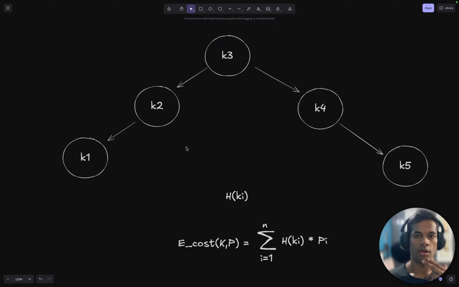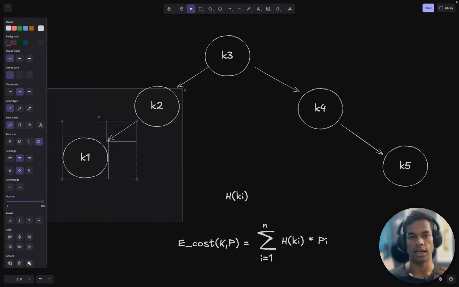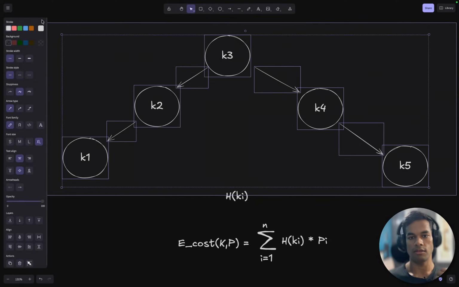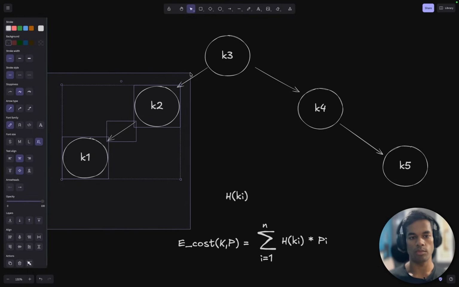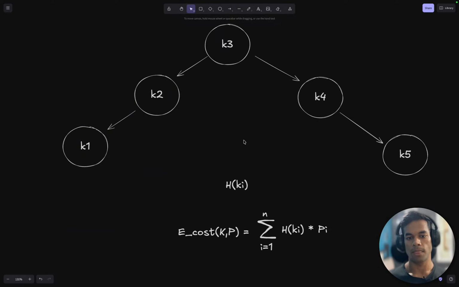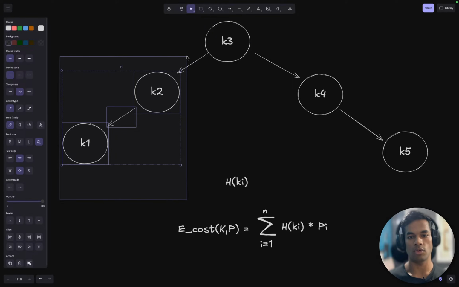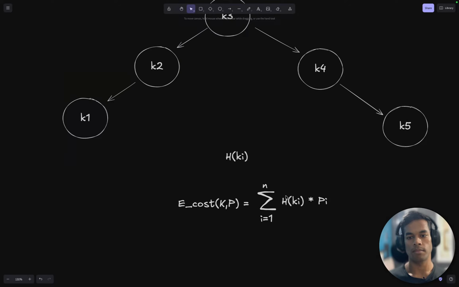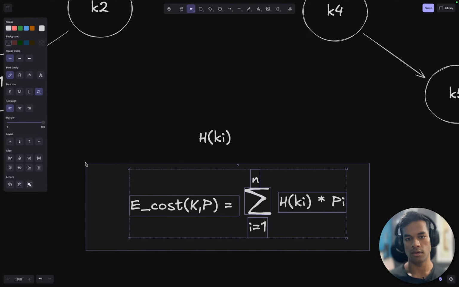So when we are considering this subtree, this one with K1 and K2, we are saying that if this whole thing is the optimal binary search tree, then this subtree should also be optimal, because if this subtree is not optimal, then its contribution here is going to be higher.